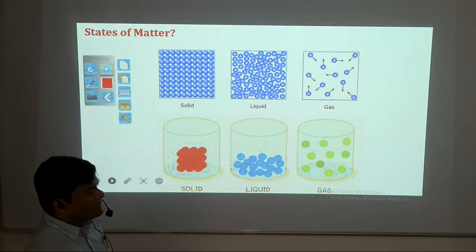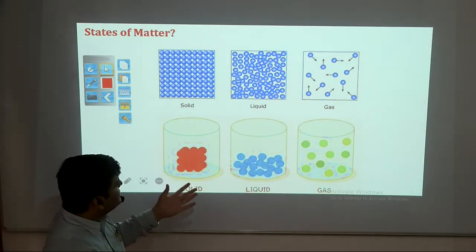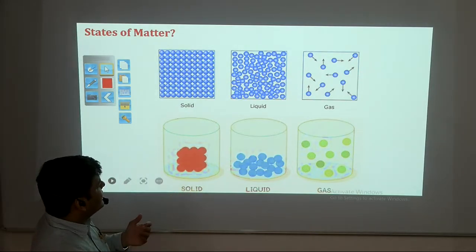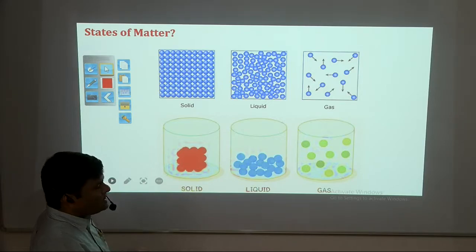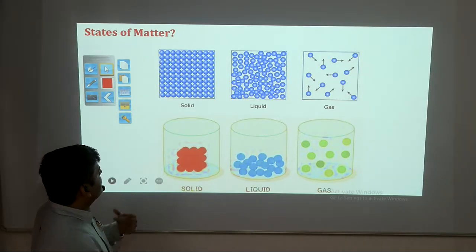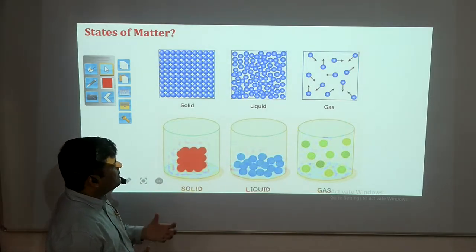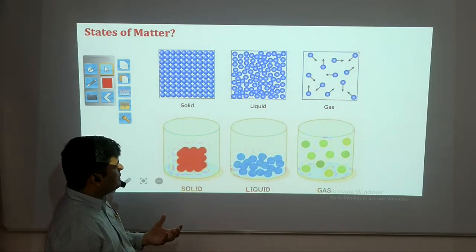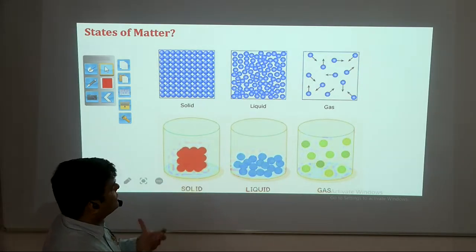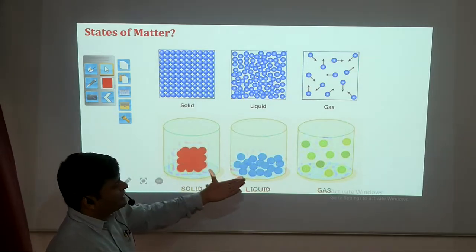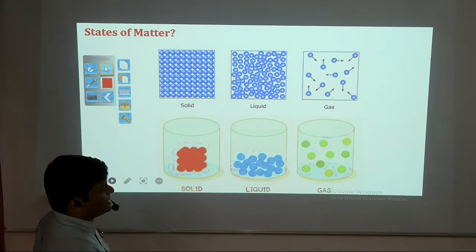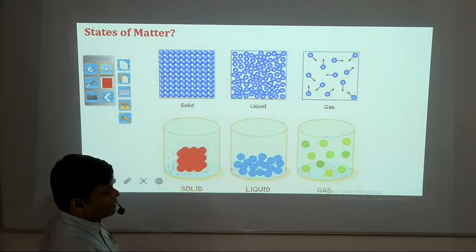Then the question that comes to our mind is why these phases or states of matter exist. The simple reason is the interatomic, intermolecular forces that exist between the atoms or molecules in these three phases. In a solid, the interatomic force is very strong.